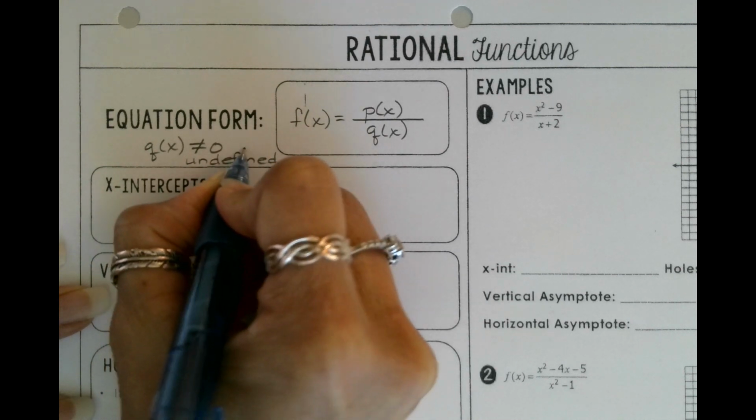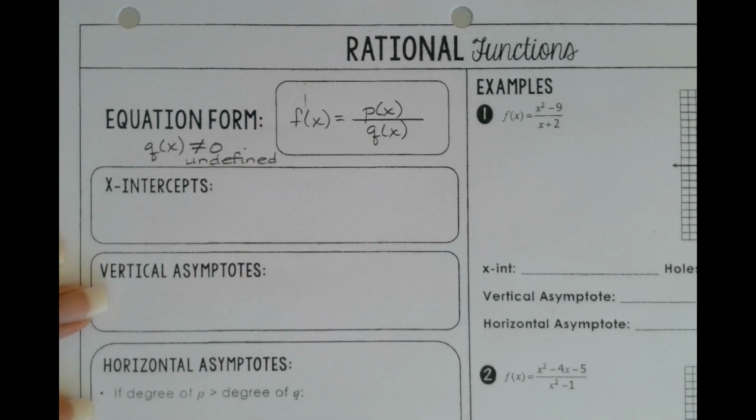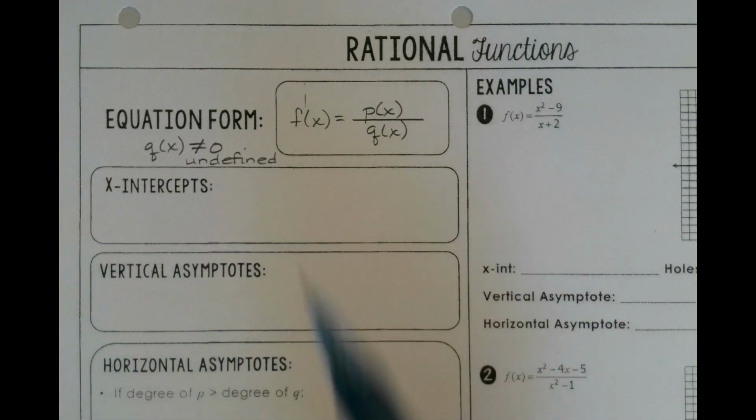Okay, so there are certain features that I'm going to have you look into to be able to graph rational functions. So on the left-hand side of this note-taking guide, that is what we're going to do in order to be able to do the graphing on the right-hand side. So let us proceed.